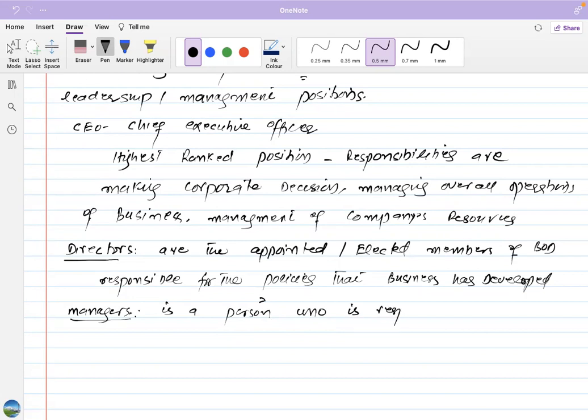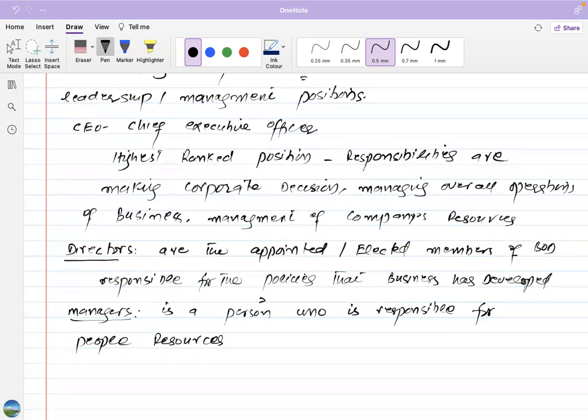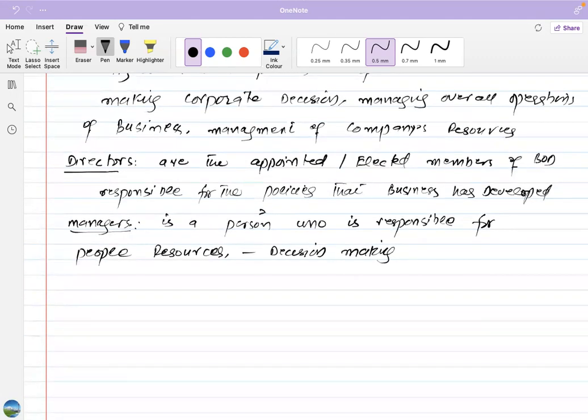Who is responsible for people, resources, decision making, etc. Managers have authority over the employees that are actually working.